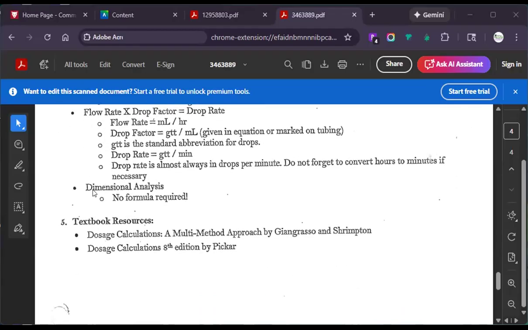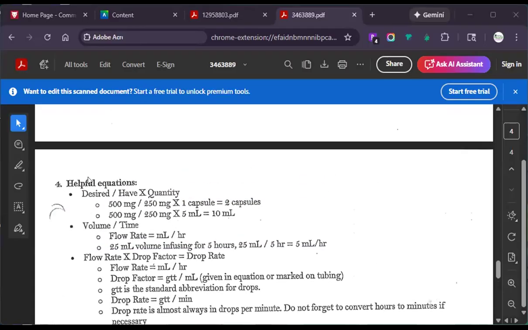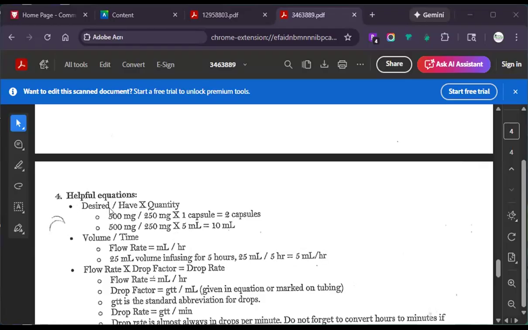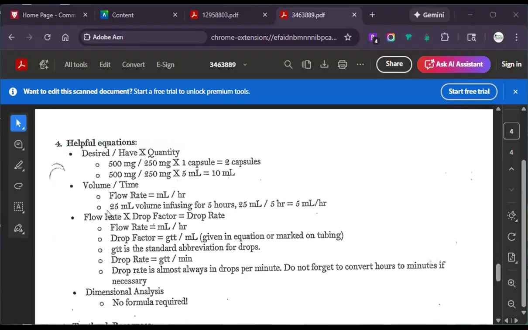My preferred way to explain all of these things is via dimensional analysis. Dimensional analysis is really helpful later on, like second, third, fourth semester. In 110 you can get by just doing, for the most part, ordered over available or desired over have. Just make sure you don't forget the quantity when you're doing that.